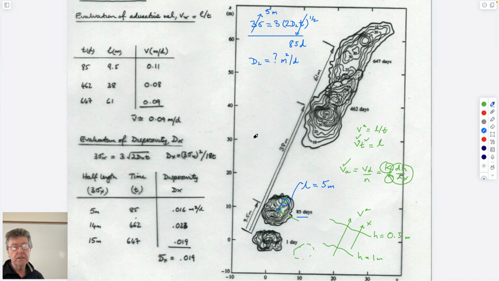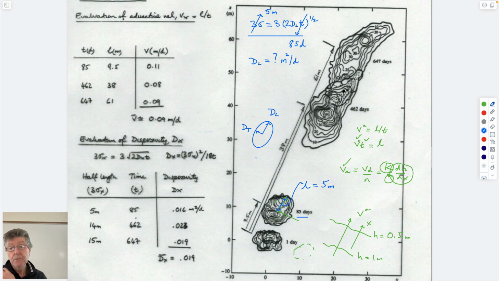And of course, if you wanted to calculate the transverse dispersion, this would be the length that you'd use to calculate longitudinal. This would be the length that you'd use to calculate transverse. Same time, but it'd be a different length.